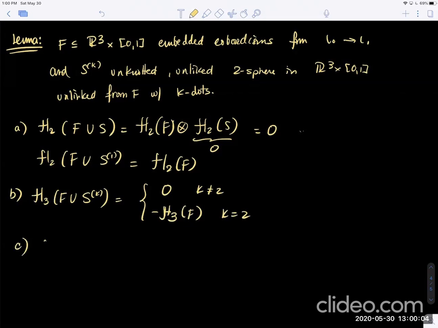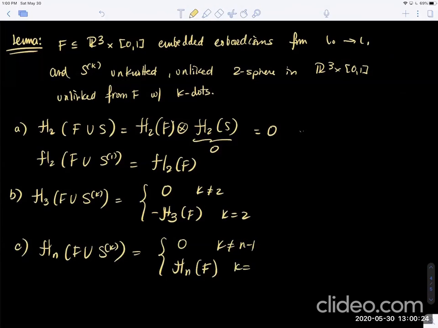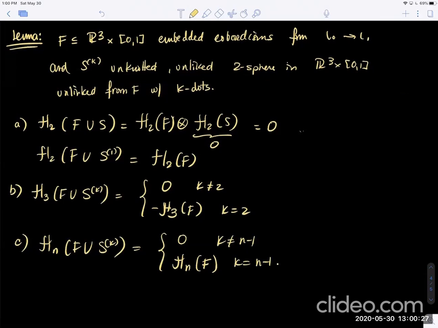Likewise for SLN, if we have F of SK, this is going to be 0 for K not equal to n minus 1, and it's going to be Hn of F when K equals n minus 1, as expected. And as I basically told you as I was writing this down, the proof just follows from functoriality plus the sphere relations.